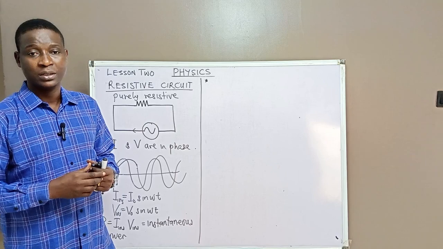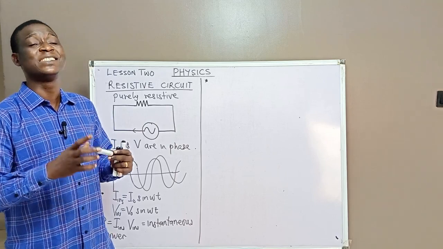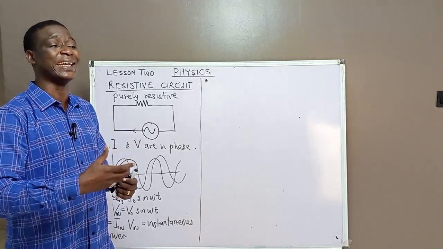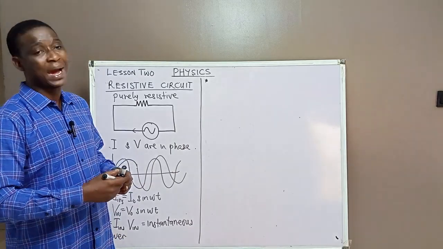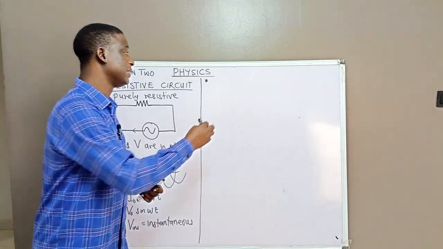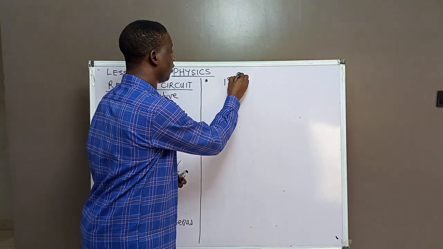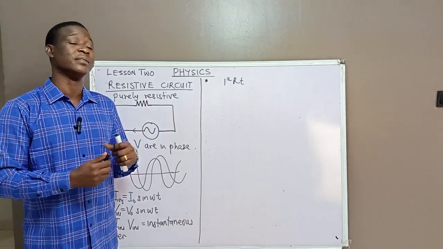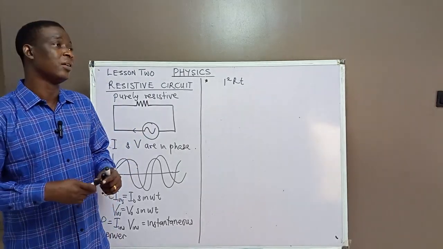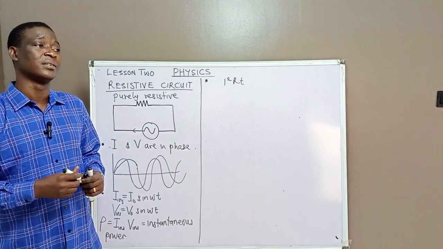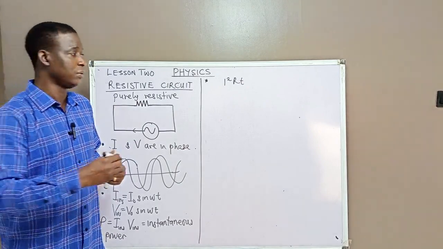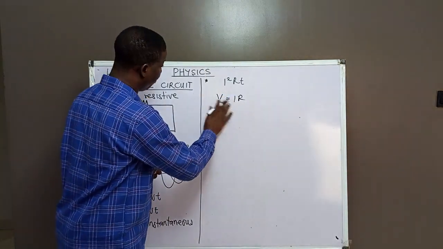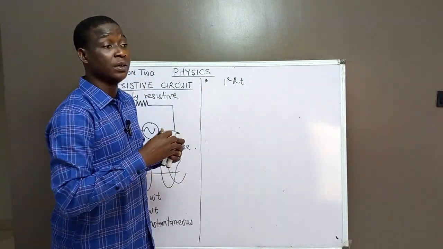Then let me add one to it. The energy being dissipated, I squared RT, is dissipated by a resistor. Then let's also note that for a resistor, according to Ohm's law, V equals IR.